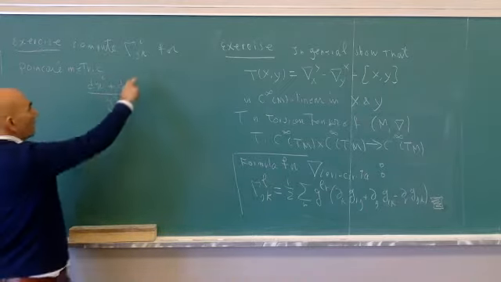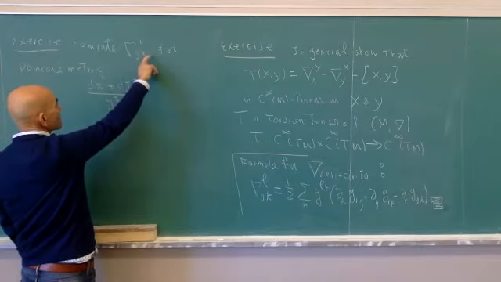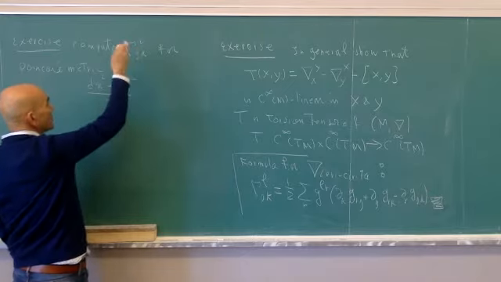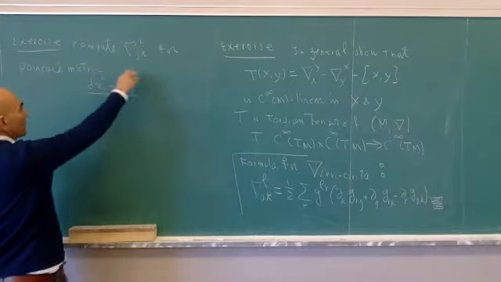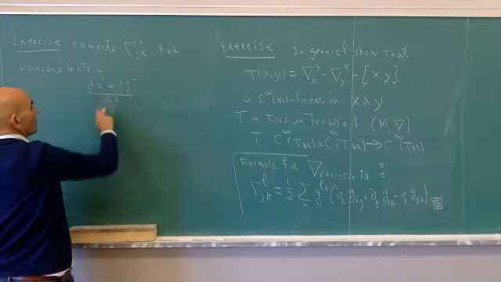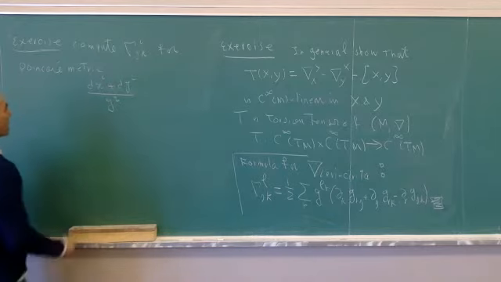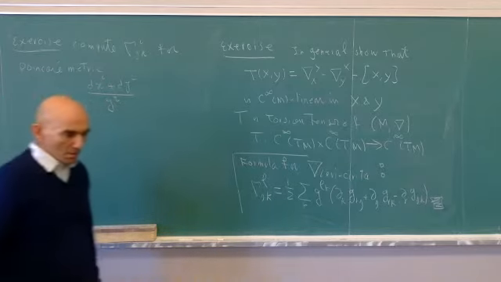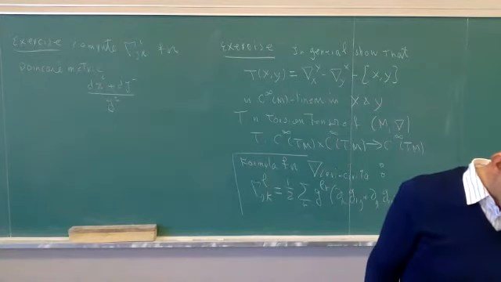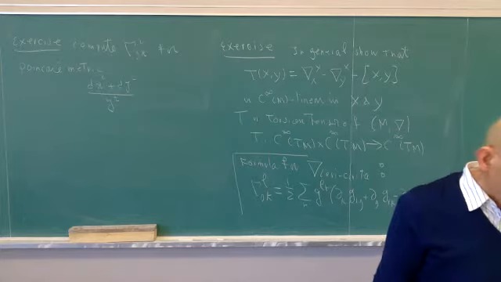So a priori you have like 2 to 8 of these, but many of them are 0, and you will just find what the Gamma^i_{jk}'s are for this metric. That's not a difficult exercise. Okay. Very good.